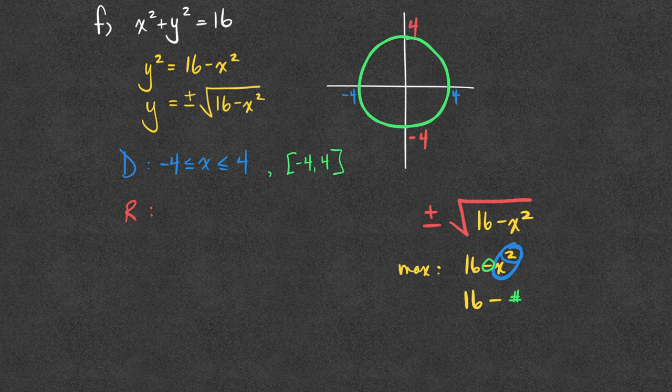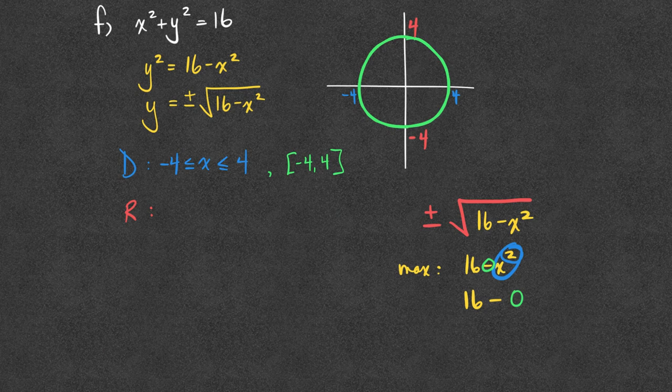And anytime I subtract a positive, I am making something smaller. So how do I make that as big as possible? How do I make that my maximum? I need to make what I subtract as little as possible. 0. Remember, I can't make it a negative because of the squared. So the smallest number I can get is 0.